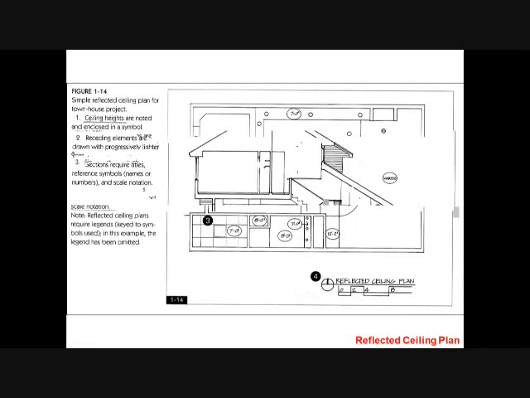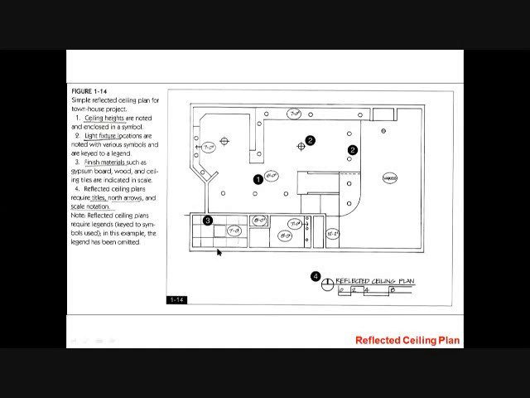This is a reflected ceiling plan for that particular small house. So as you see, in room number 3, we have acoustical tiles, or gypsum boards, or wood, or anything. So it is divided according to that.